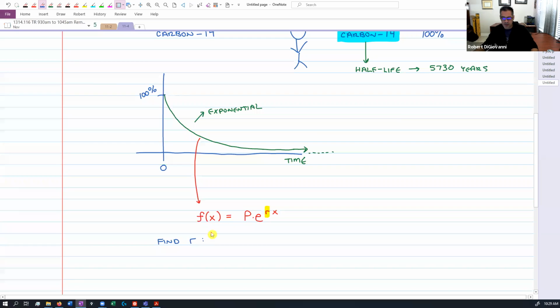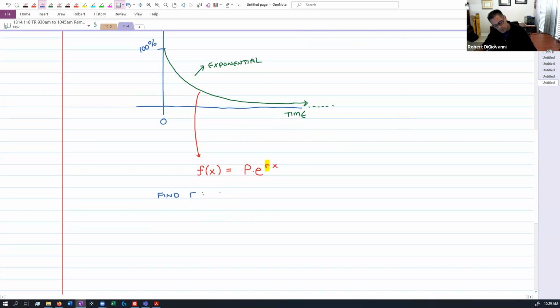To do this, here's what I know. At x equals 0, that's when the person died. So at time equals 0, that's when the person would die. Can you tell me how much carbon-14 would be there?